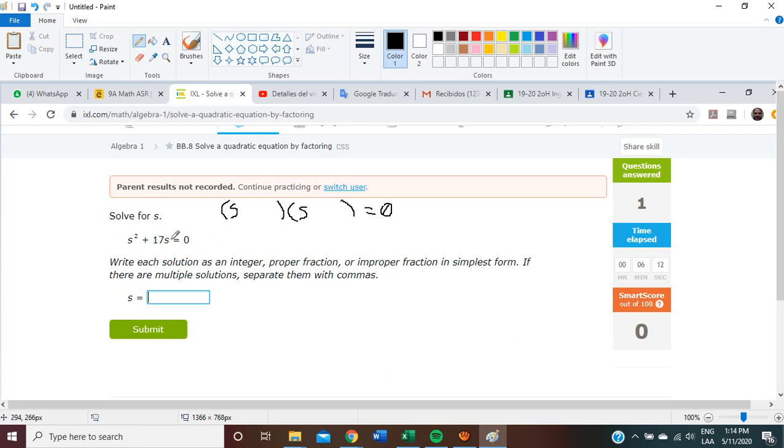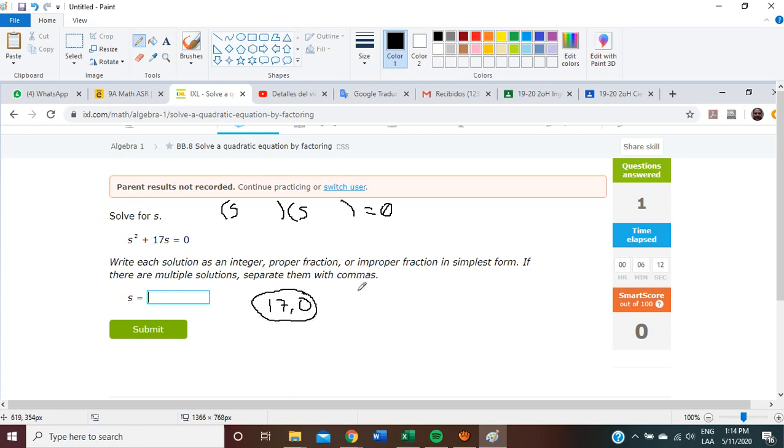Remember, when I have the s squared, I have the s multiplied by a constant, and I am missing another constant. When I am missing that, remember that it equals 0. So I need two numbers that when I multiply them, the result is 0, and when I add them, the result is 17. This is going to be pretty easy because of 17 and 0.